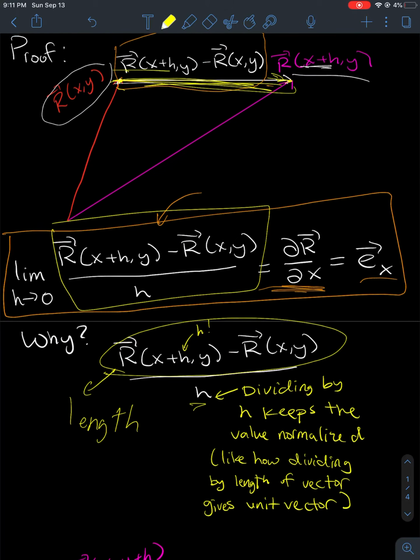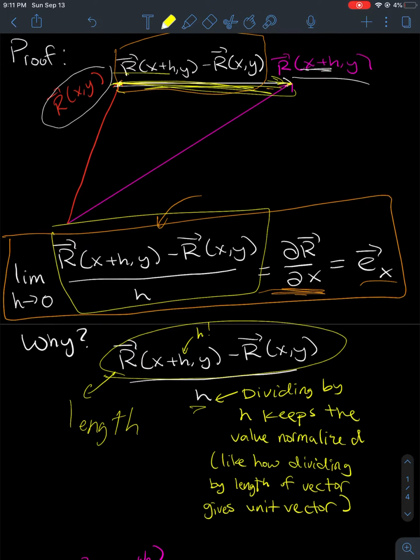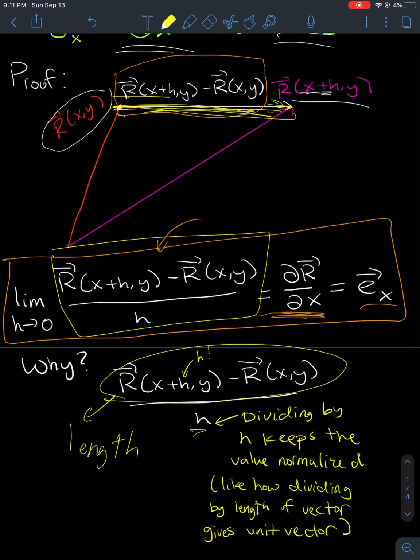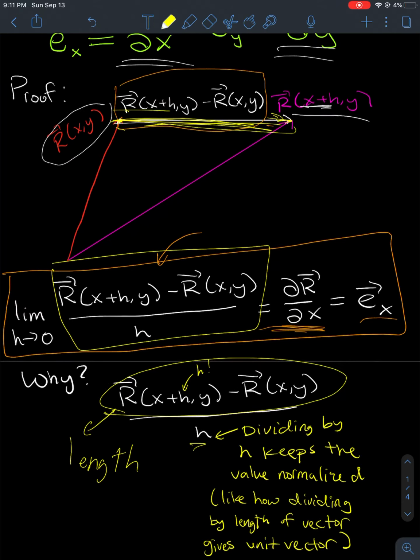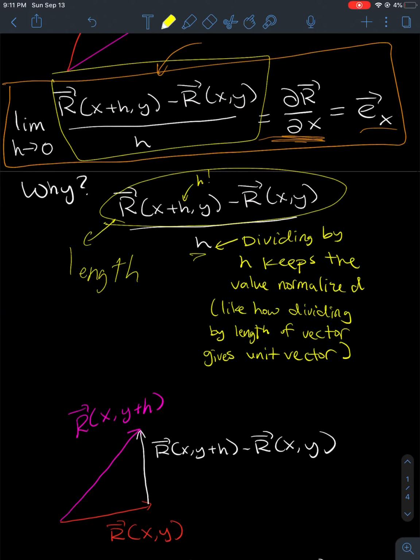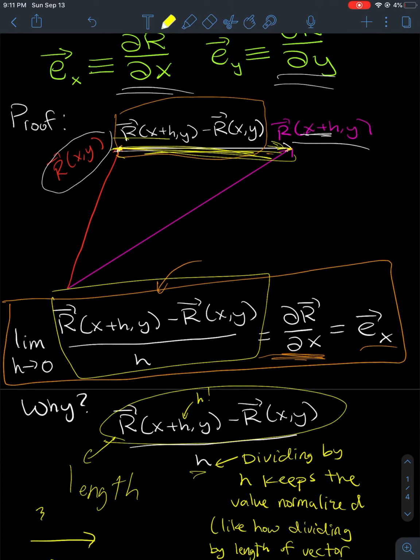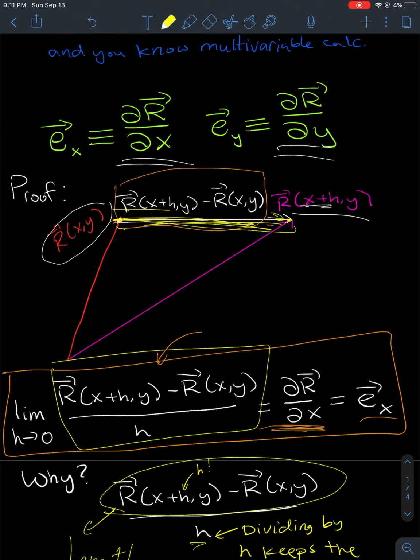And you're dividing the length of the vector by h, which would keep the vector normalized. So let's say I had a vector, okay, and this vector had a length of 3. If I divide the vector by its length of 3, we will get a unit vector in that direction. So it makes sense how it's going to be a unit vector, because we can think of this as a length.